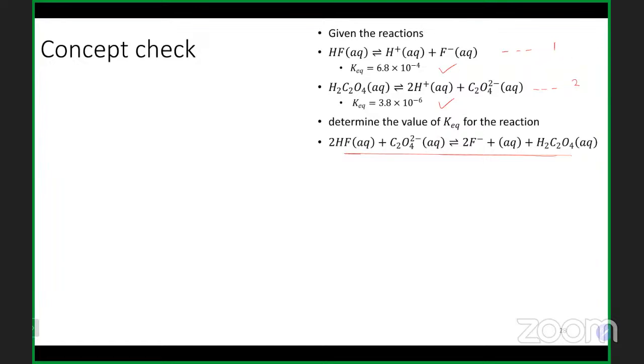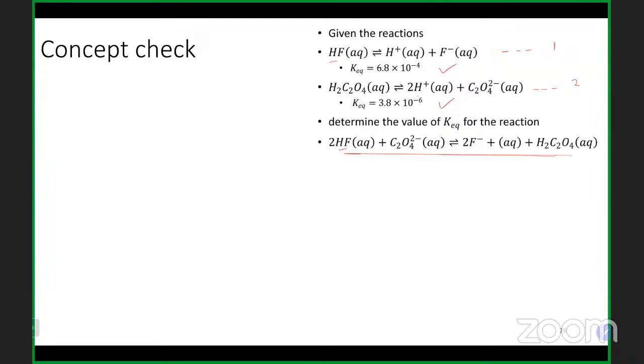So there's a relationship between 3 and the sum of 1 and 2. So you have HF, so this is multiplied by 2. H plus, we don't have H plus in here, but it can be cancelled out by this. Then F minus is still here. H2, reactant and product side.